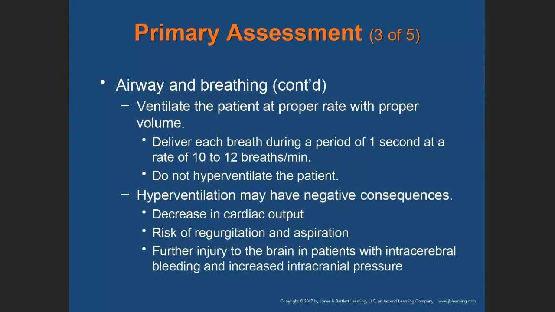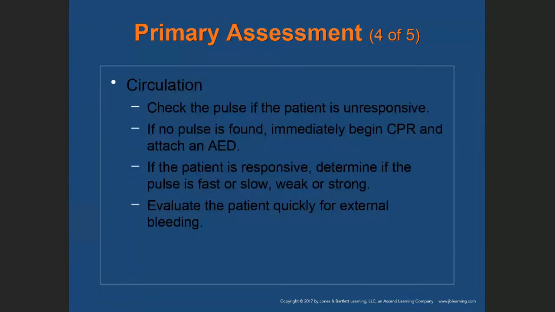It can force air into the stomach, and that pushes the stomach contents up, and the patient can aspirate that. It can also cause further injury to the brain in patients with intracerebral bleeding and increased intracranial pressure, right? You can cause the cerebral blood vessels to vasoconstrict if you give too much oxygen. We don't want that happening in a patient that needs oxygen to the brain.